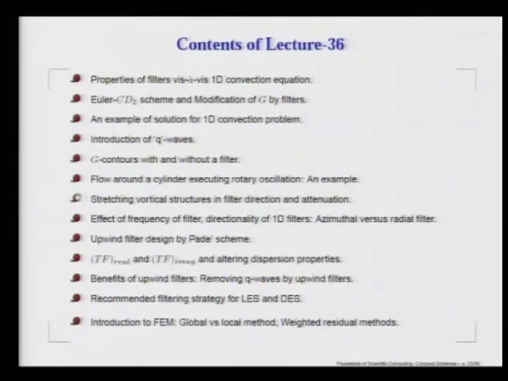So, we cannot avoid that. This can be somewhat mitigated by increasing the frequency of filtering, as well as considering the directionality of the filters in terms of azimuthal versus radial filter for this rotary oscillation problem. And we notice that azimuthal filters applied globally give rise to serious issues.